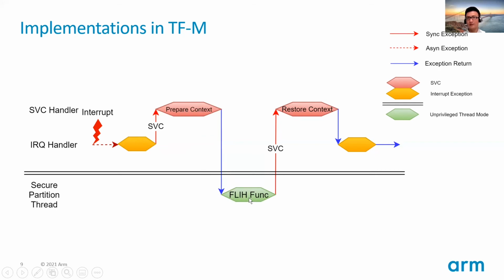So then the FLIH function will have the execution priority of this interrupt, because it's still active.